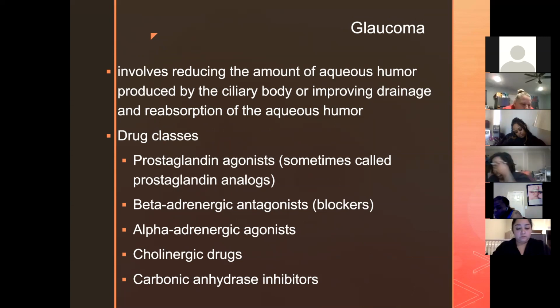All right. This is one of those eye disorders. And it is caused by a large amount of aqueous humor that's produced by the ciliary body, and it causes increased pressure on the eye. So if that's the problem, then we need to take some sort of medication that's going to help that drain and hopefully not have as much of that aqueous humor produced.